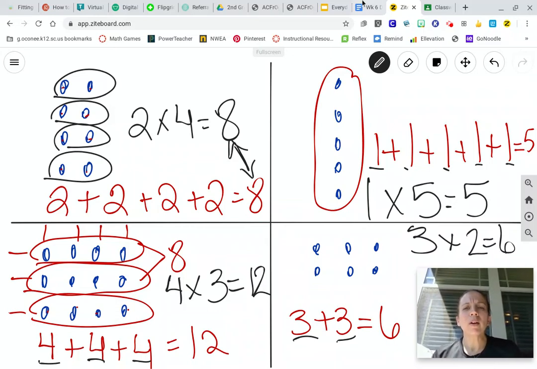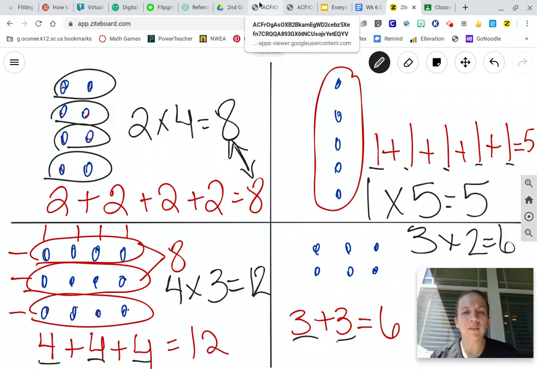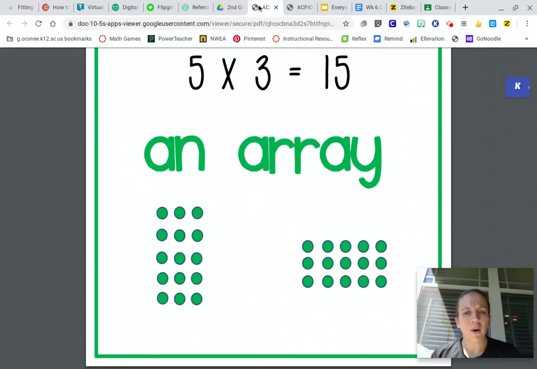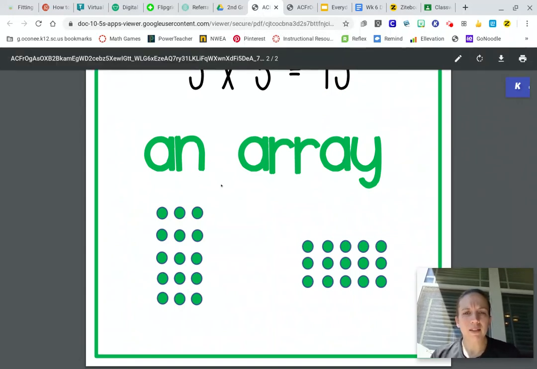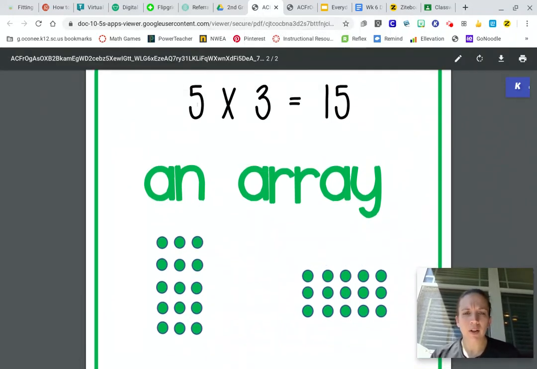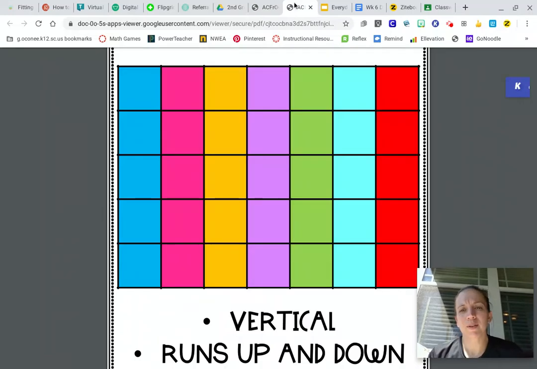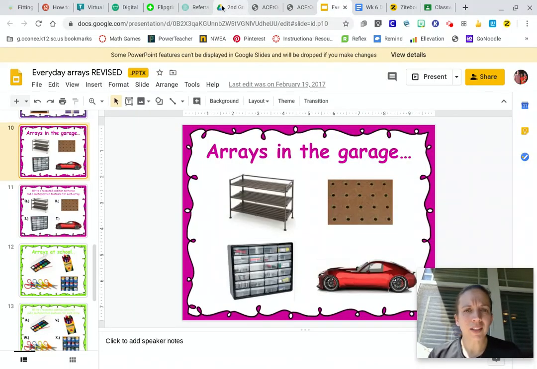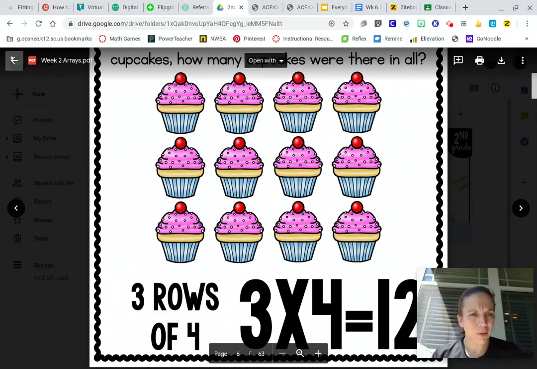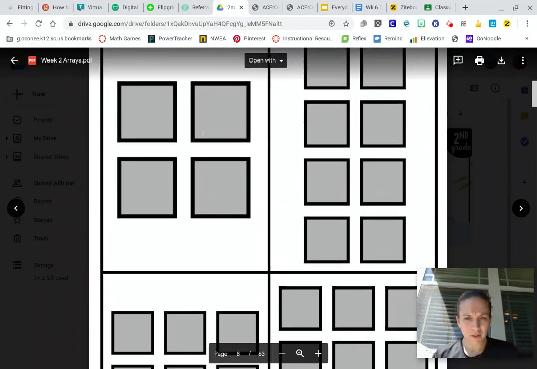So for your work, you will have to do kind of a mix between those with finding arrays, making arrays and doing the repeated addition or doing the multiplication for it. And remember, I don't care if it's either way, it's fine with me, because it'll give you the answer no matter what. So I could kind of just go through some of the work that you'll have to do.